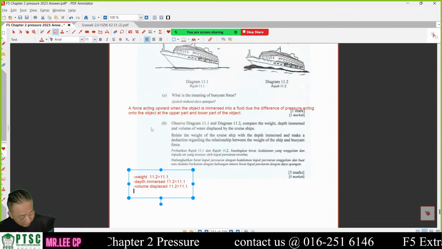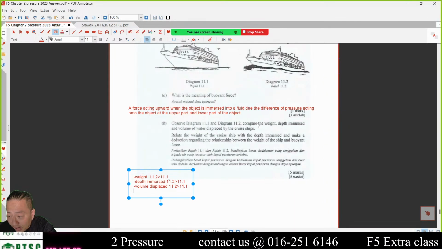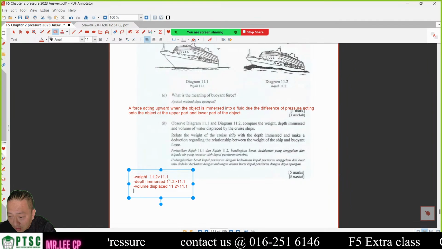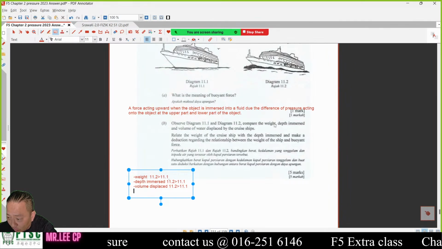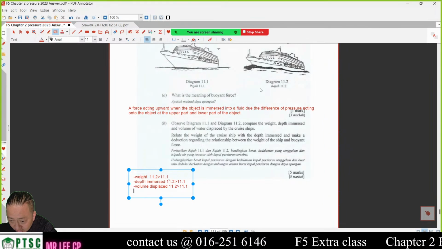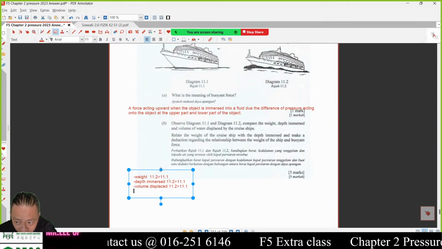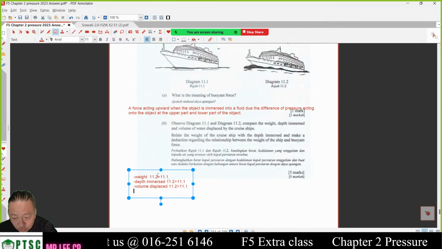Because I want to do it fast, I do it short. So you should write: the weight of the cruise ship in diagram 11.2 is greater than 11.1. You have to write it this way, in full sentence.